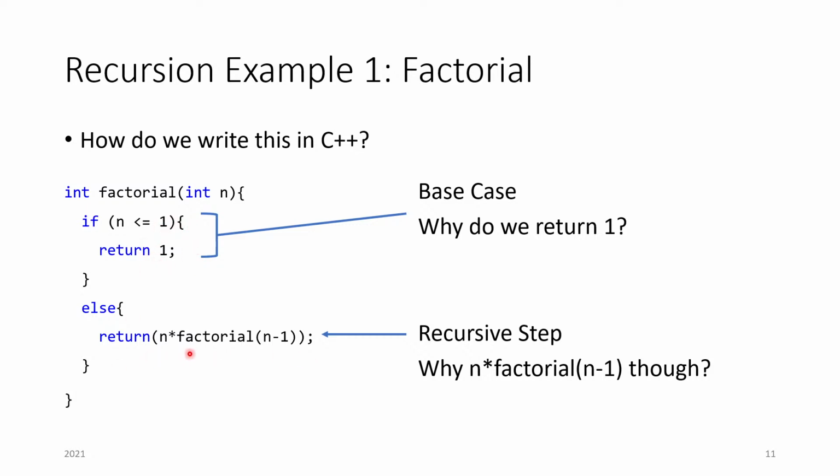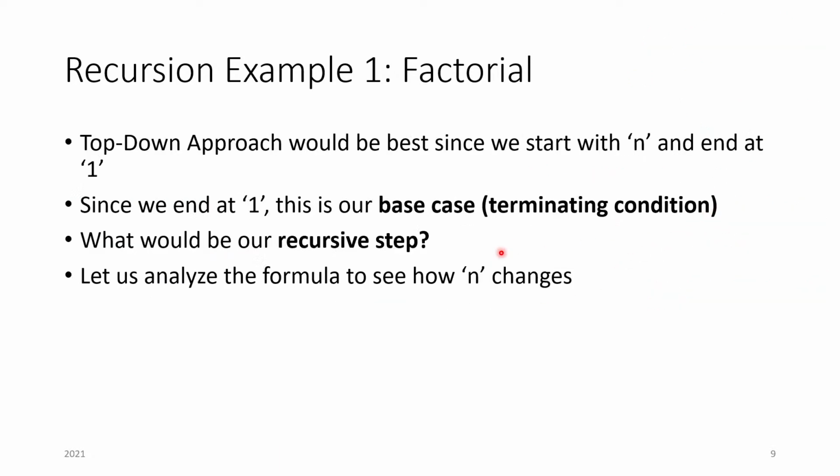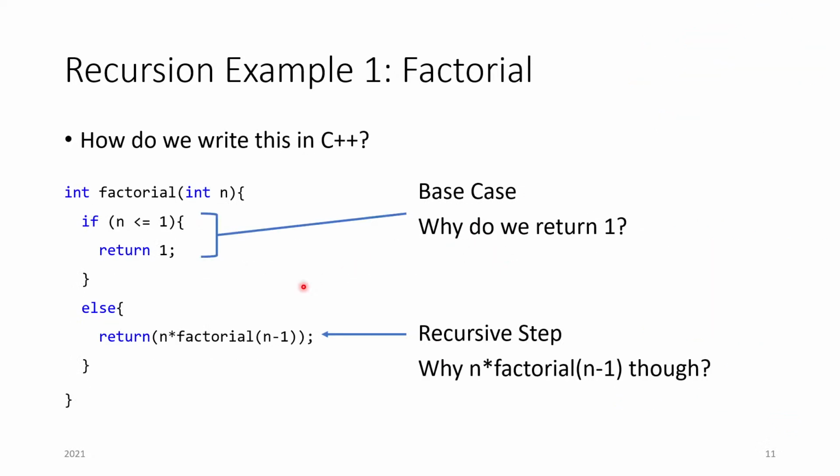Our recursive step is going to be that change that we observed, our difference being n minus 1, and this n here that we didn't accommodate for. That's why you get n times, and we call the function, and inside the function, instead of putting n, we put n minus 1. Make sense now? Anything else you guys are confused about?